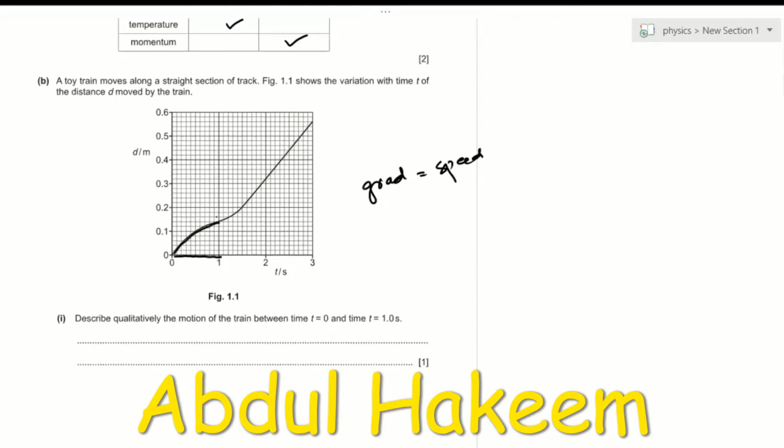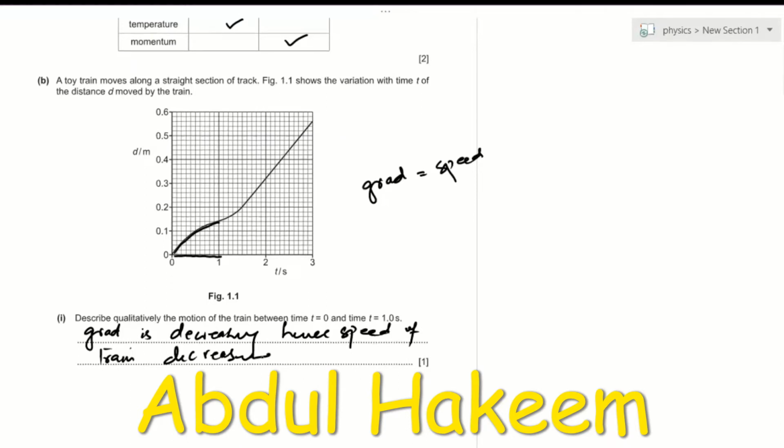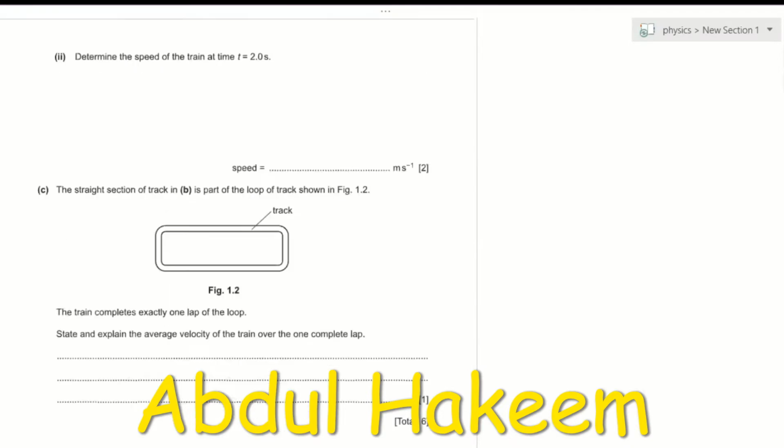So we will write: gradient is decreasing, hence the speed of the train is decreasing. The gradient is the speed, so the speed of the toy train is decreasing.